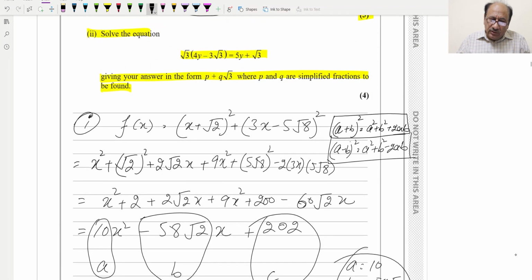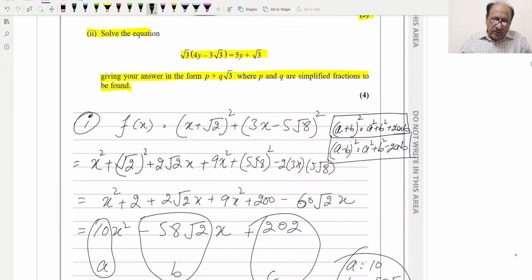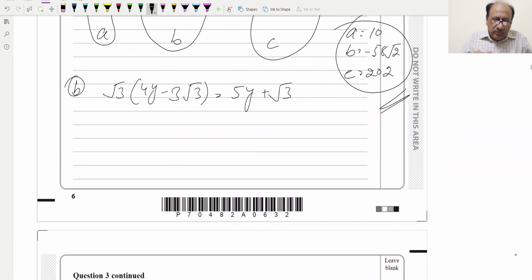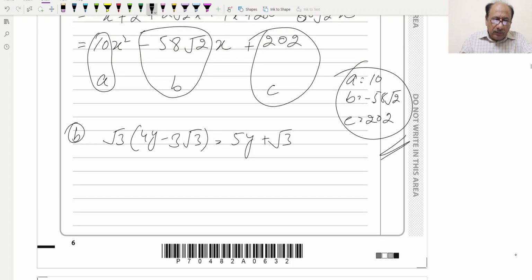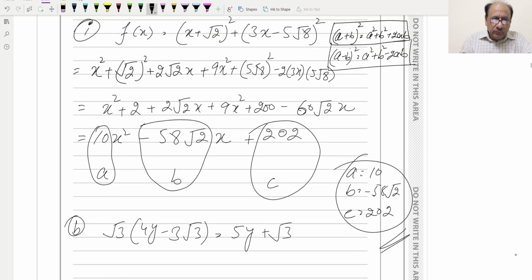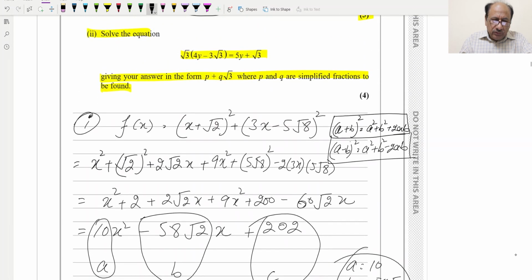So this is basically our question which we have written, and we have to change the shape, giving your answer in this format.